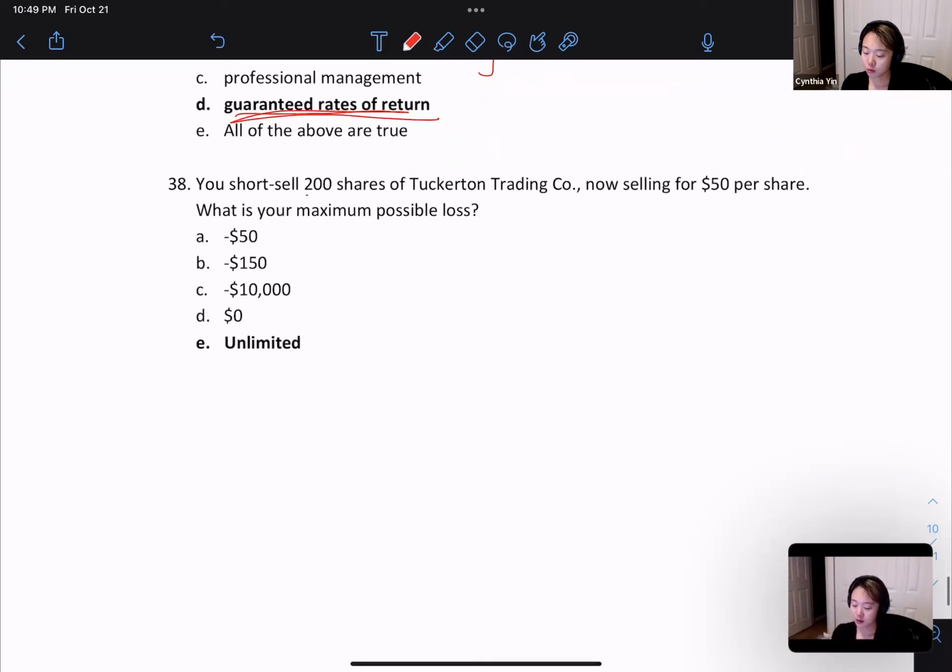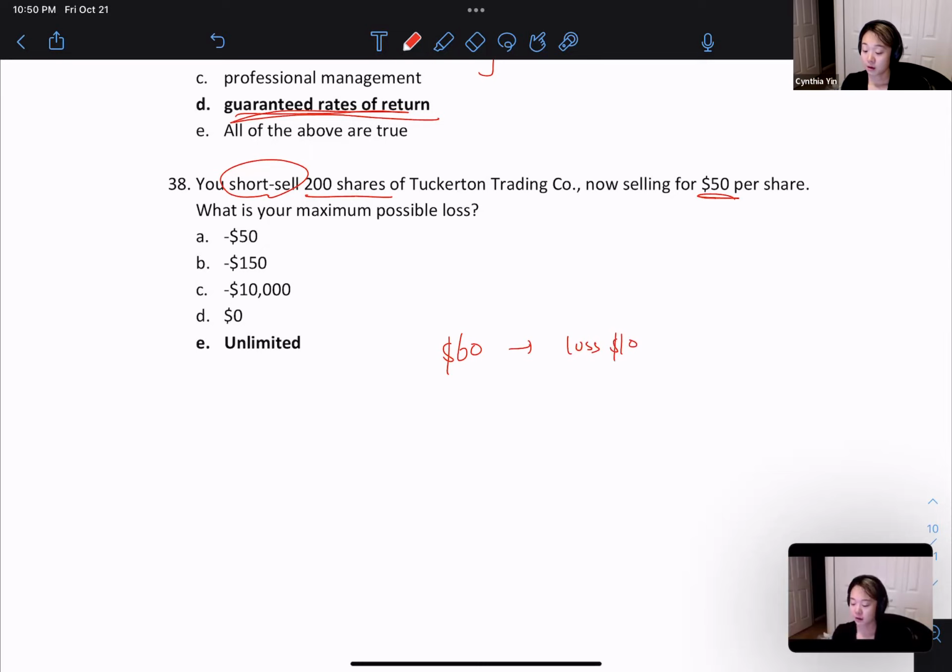You short sell 200 shares of this company and it's now being sold for $50 per share. What's your maximum potential loss? Remember, when you short sell, you hope the price goes down. The lower, the more profit. Your maximum profit will be $50 per share if the price goes to 0. However, you don't want the price to go up. The higher the price goes, the more loss you face. Suppose the price goes up to $60, that means a $10 loss for you.